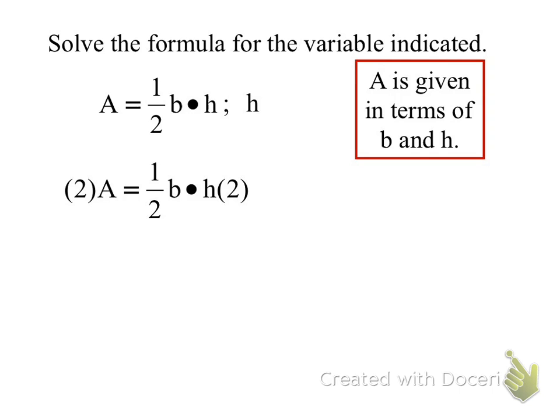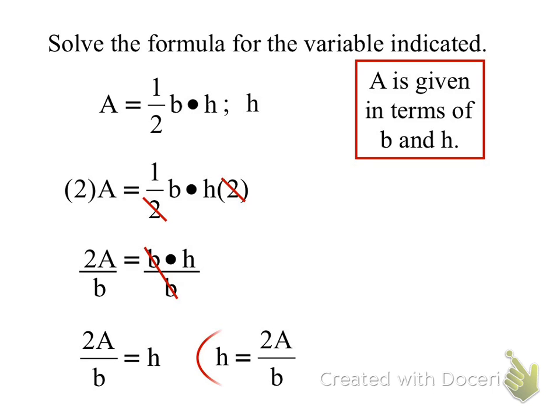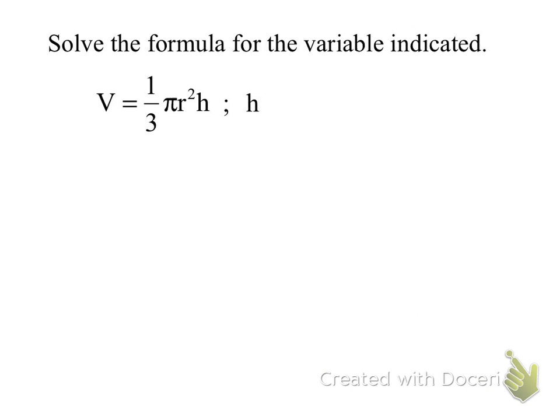All right, so did we finish that one up? Okay. So now what am I solving for, Jason? H. I'm solving for H. Step 1, what do I want to clear first?